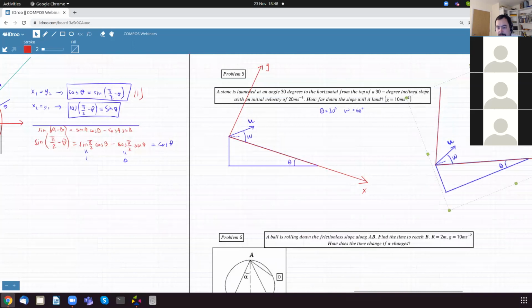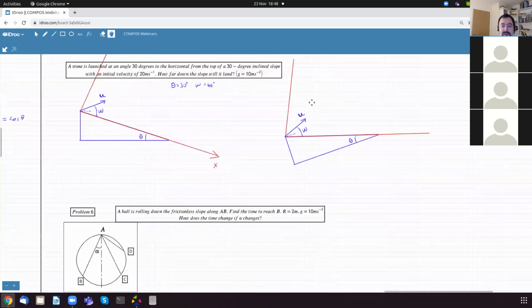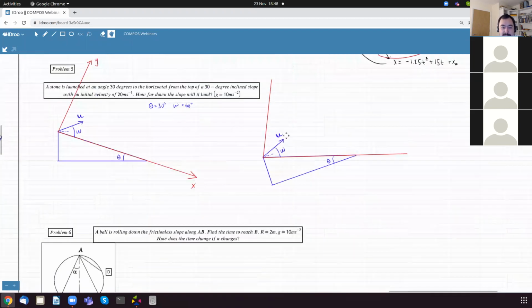You turn the picture sideways, and you have the x-axis going along the slope and the y-axis going up.